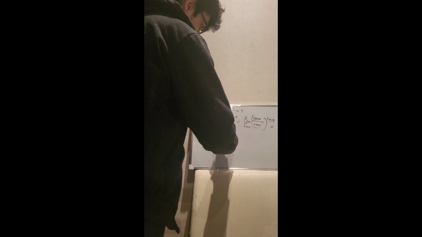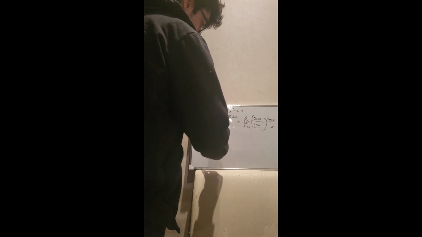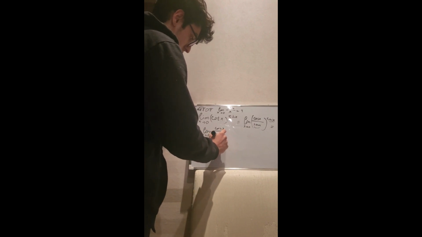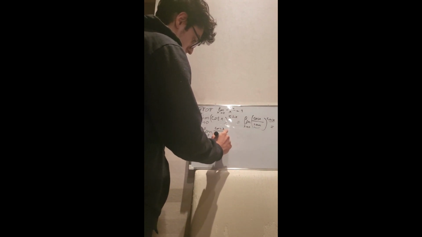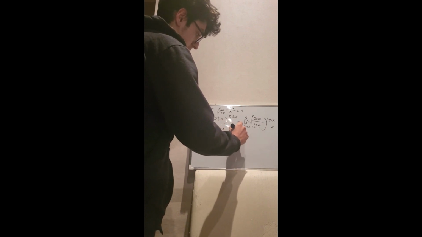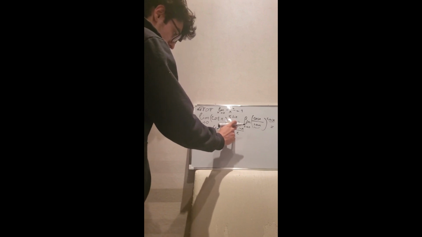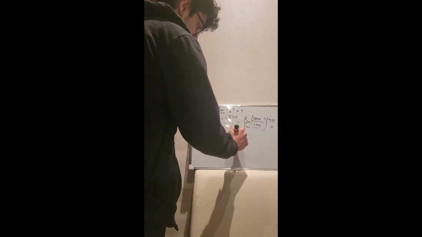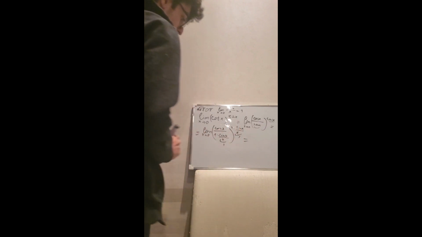So limit x approaching 0 cosine x over, let's write x multiplied by sine x over x, power of x multiplied by sine x over x. So in this situation, here and here it's going to be 1.